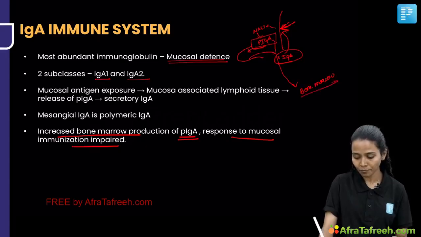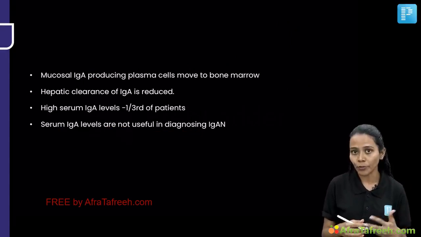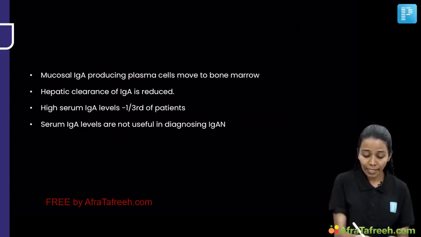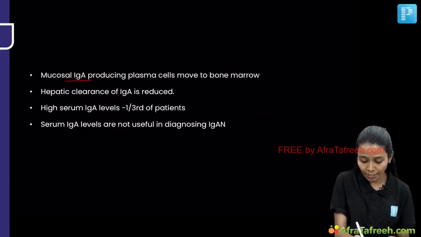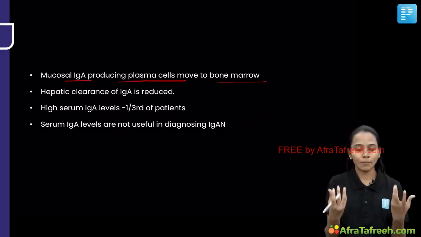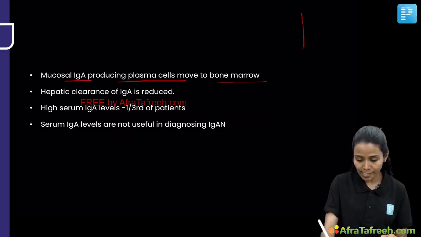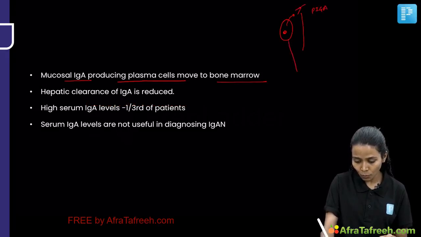Okay. Now, how does this happen? How does bone marrow produce this excessive IgA? It is because the mucosal IgA producing plasma cells move to the bone marrow. We know that these plasma cells are the ones which produce antibodies. So the plasma cells in the mucosa which are producing this polymeric IgA move to the bone marrow. And that's how this is produced. Okay.